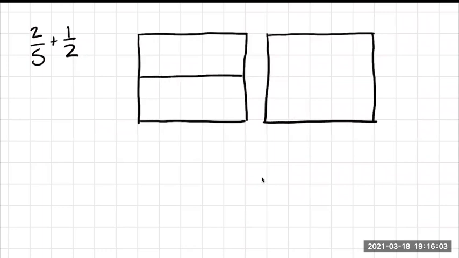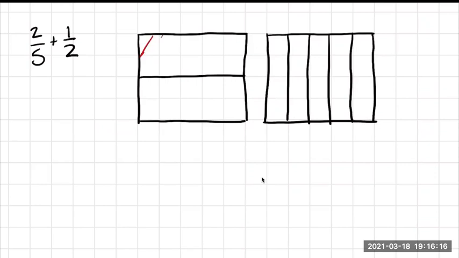We want to section one horizontally and one vertically. And we want to shade in our fractions. So I'm going to shade in 1/2 and 2/5.